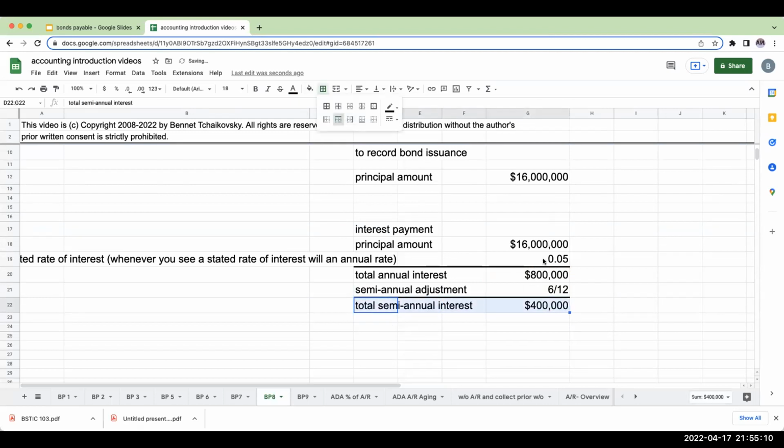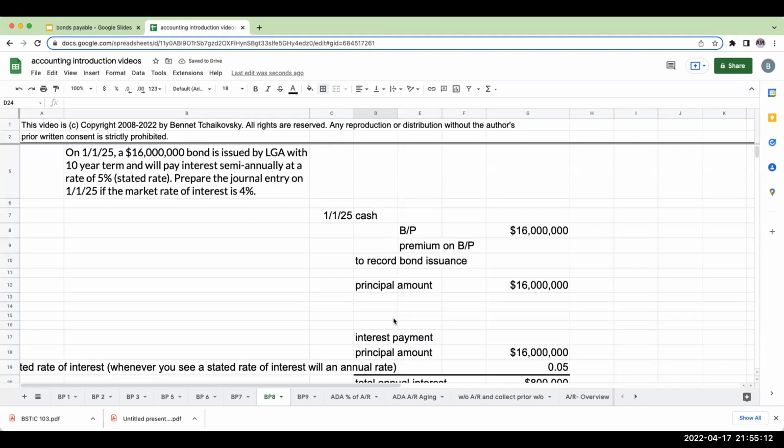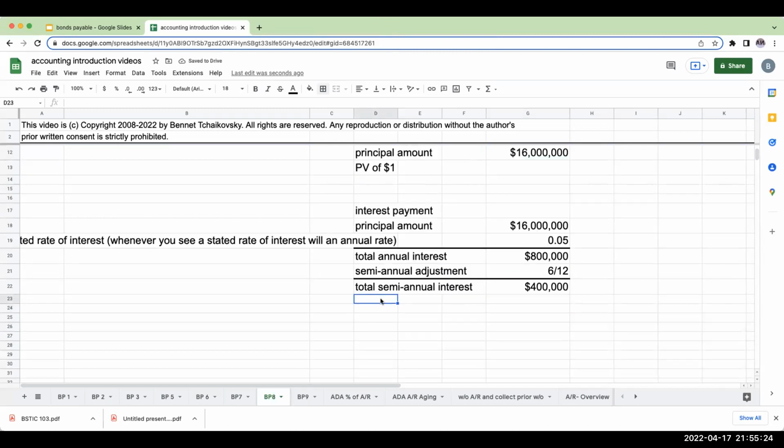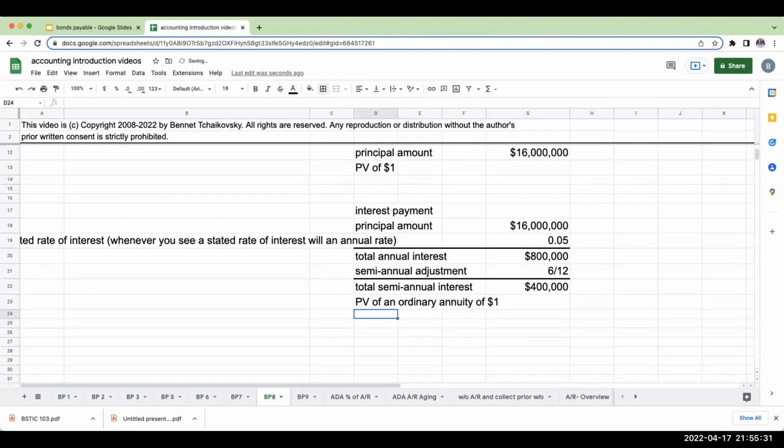Very, very important step. Now, what's the next thing we need to figure out? Well, we've got to go to the present value tables. I know I'm going to go here, present value of $1, because this is a lump sum. This one over here is going to be the present value of an ordinary annuity of $1.